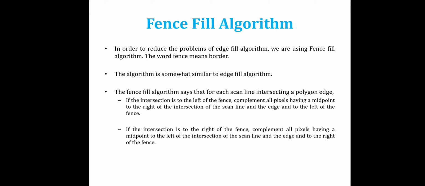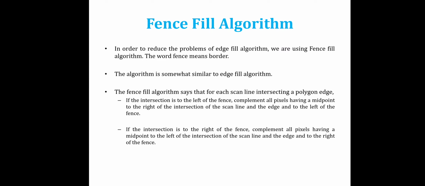The fence fill algorithm says that for each scan line intersecting a polygon edge, we find the intersection point where that scan line intersects the edge of the polygon. From there we start the coloring of the polygon, right.